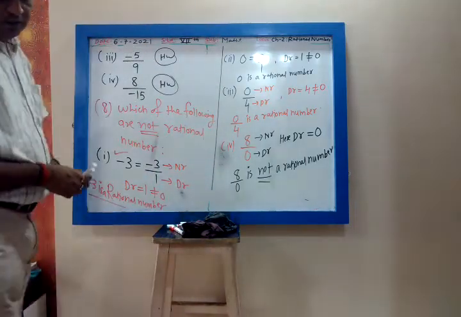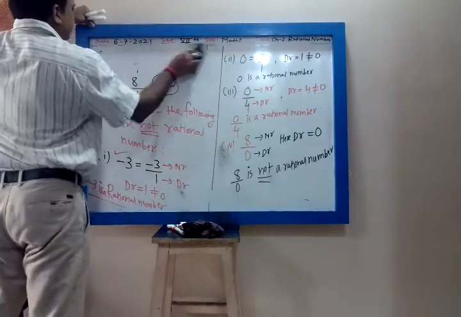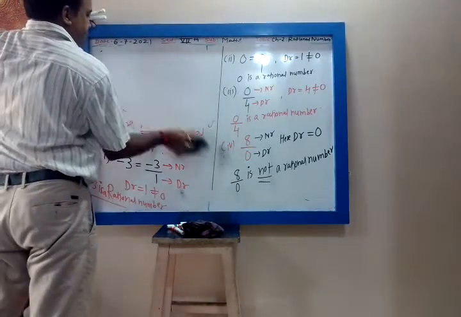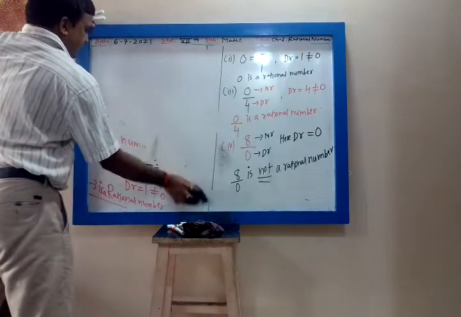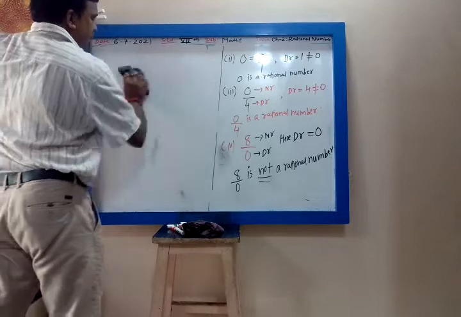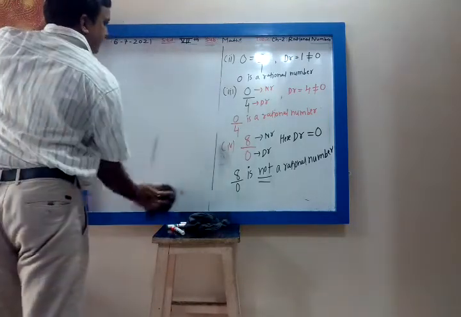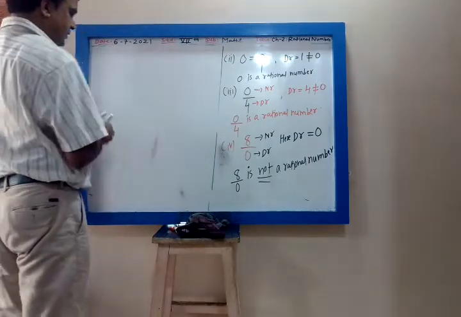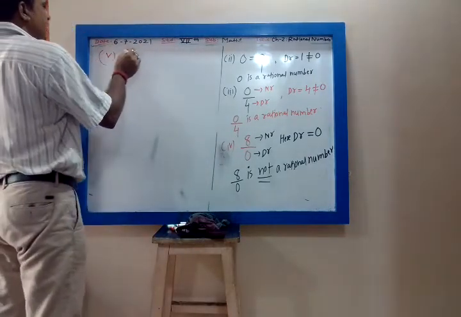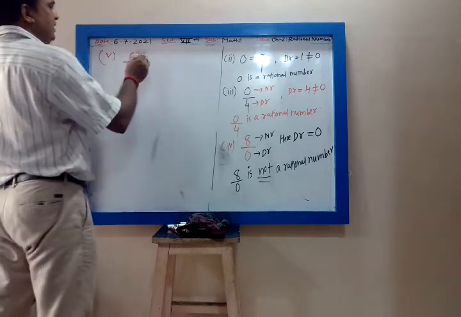Okay? Now fifth is 0 upon 0. Let us see the fifth one. 0 upon 0, numerator is 0.